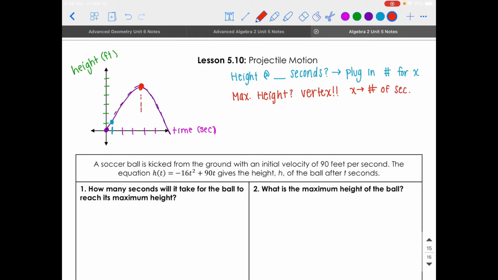So like, if this is your maximum height, it took about 3.5 seconds to get to the top. The y value is the actual height. And remember, vertex, that's the negative b over 2a.